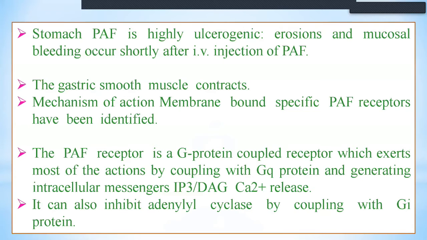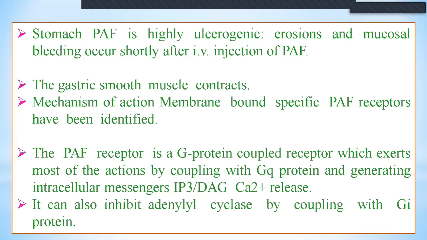Also in the stomach, platelet activating factor is highly ulcerogenic. It is one of the strong ulcer inducing agents, and erosions and mucosal bleeding occur shortly after IV injection. That has been proved experimentally. The gastric smooth muscles are going to contract.